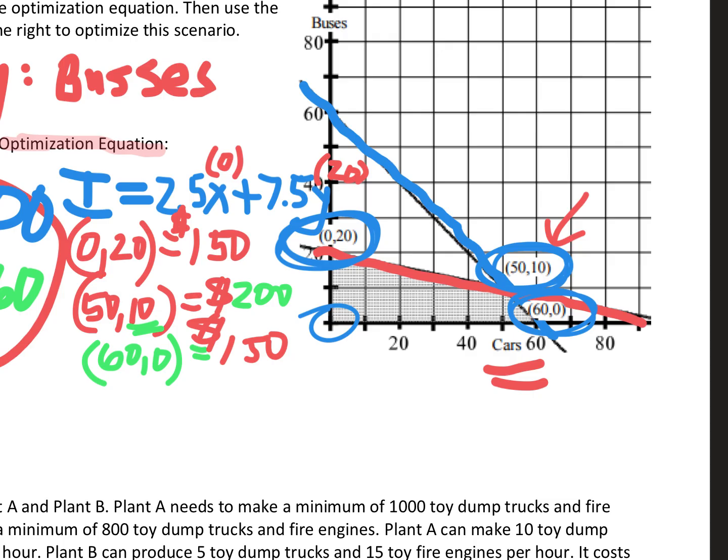That gets you $200. That'll get you the most money. So, it's kind of counterintuitive. You might think, I should just put all cars in there. No, actually, ideally, you'd get some buses and some cars. Put it all together, you make the most money.